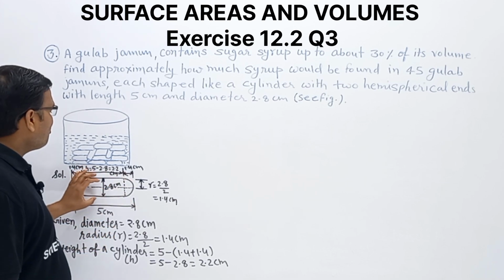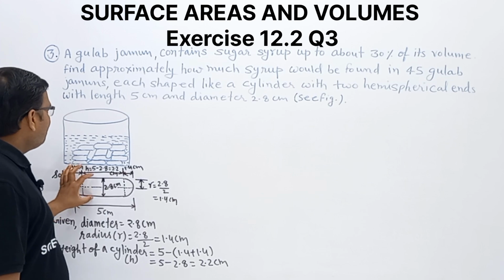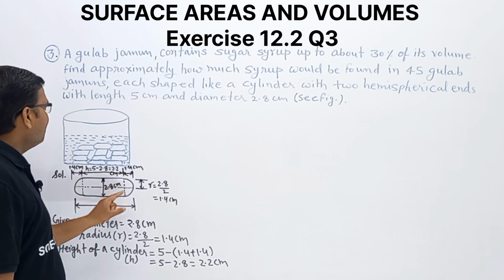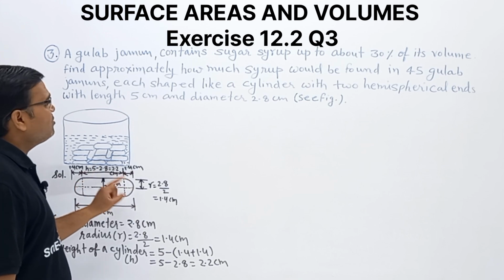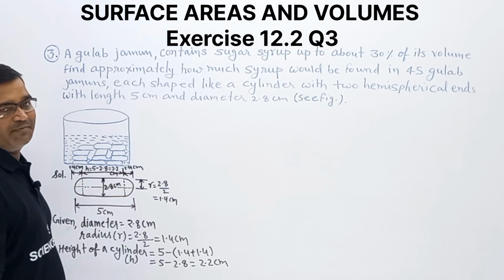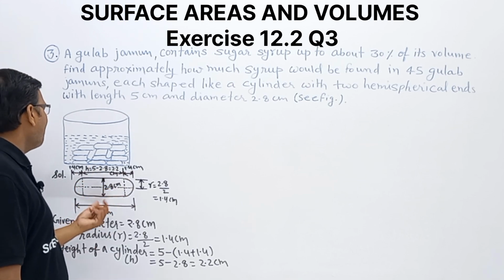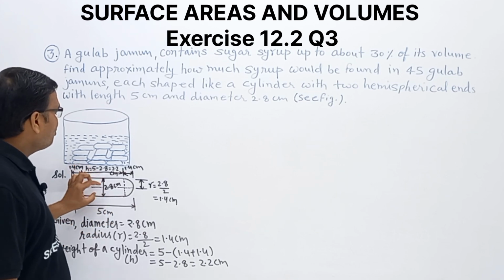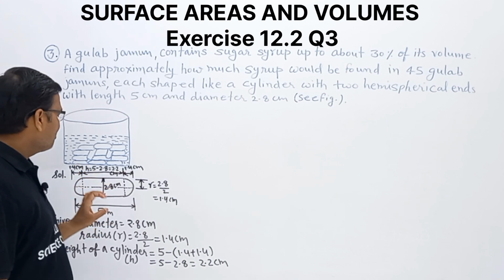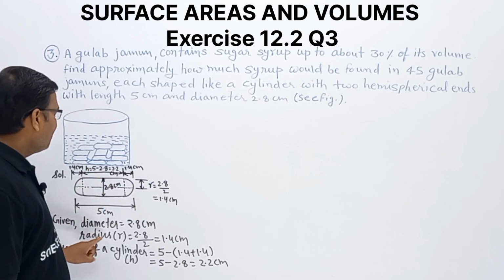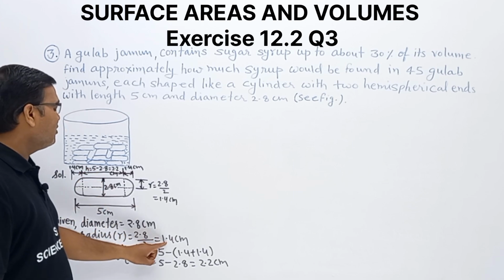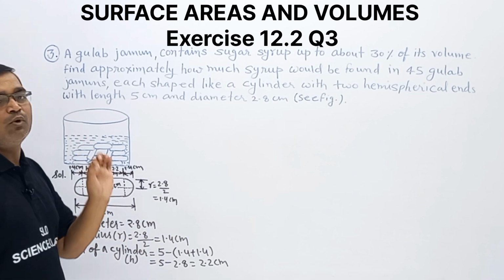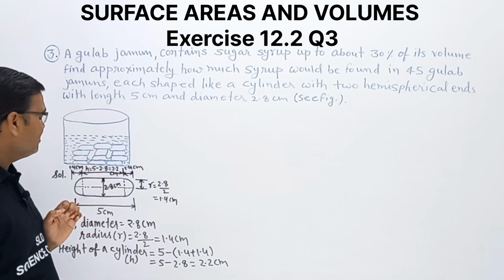The length of this gulab jamun is 5 cm and its diameter is 2.8 cm. So half of the diameter will be the radius. So we get 1.4 cm as the radius of each gulab jamun. Clear?